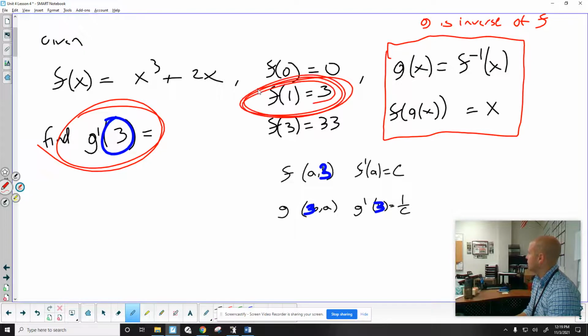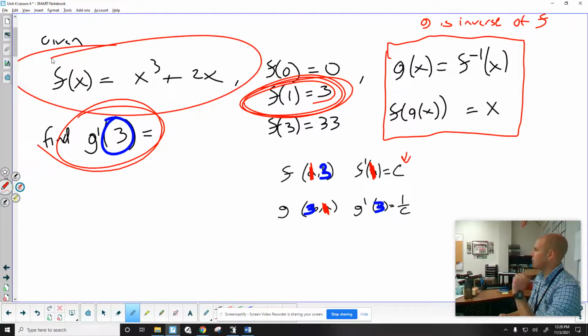I am told a bunch of information. One piece of information I will use, the other ones I'm going to ignore. f of 1 is 3. That means g of 3 is 1. If you find f prime of 1, you'll know what g prime of 3 is.